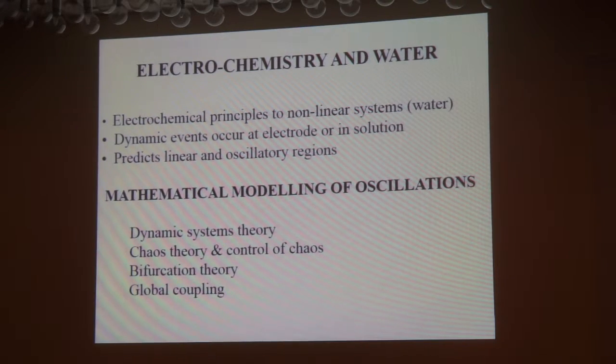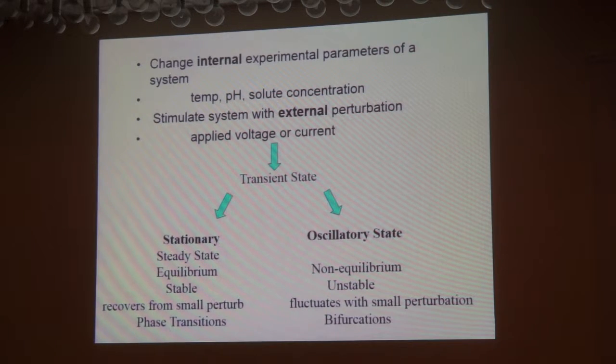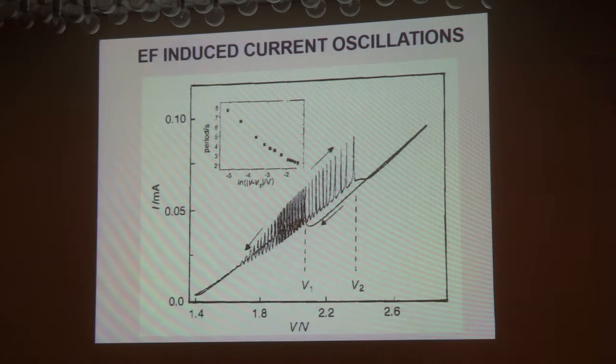I mean, you get standard linear effects, but then you get these oscillations that occur. And these oscillations are associated with non-equilibrium fluctuations, and this is the scientific explanation of the phenomena. And here's an example of the oscillations that occur from another publication.